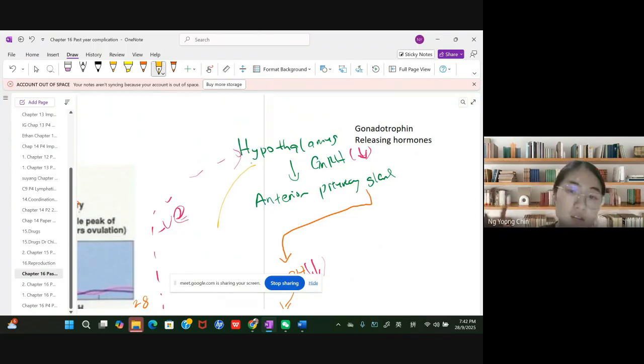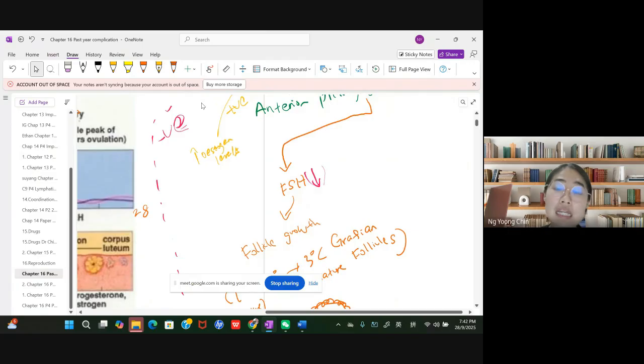Positive feedback due to the increase in estrogen. Increasing estrogen level induces a positive feedback to the hypothalamus, so it will cause GnRH production to increase, and when the GnRH production increases, it will cause the FSH to increase.